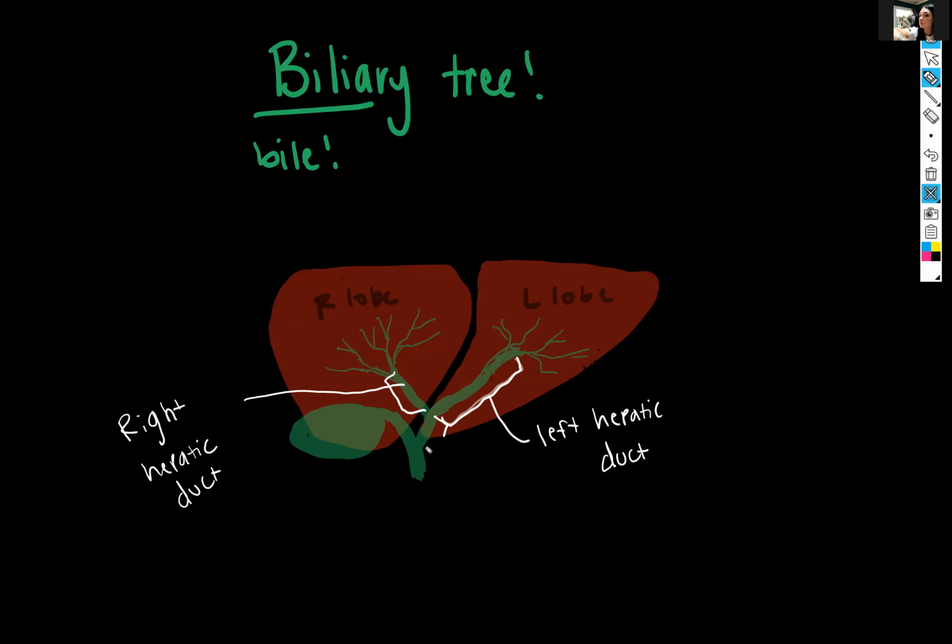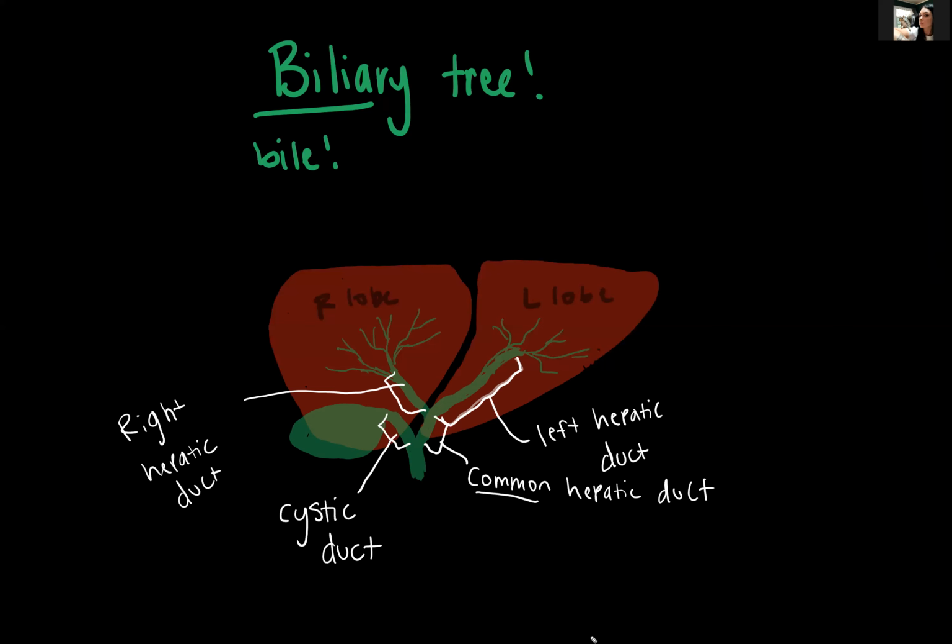So from here to here is the common hepatic duct. And then this little guy from sort of the root of the gallbladder until it joins up with the common hepatic duct, this is the cystic duct.